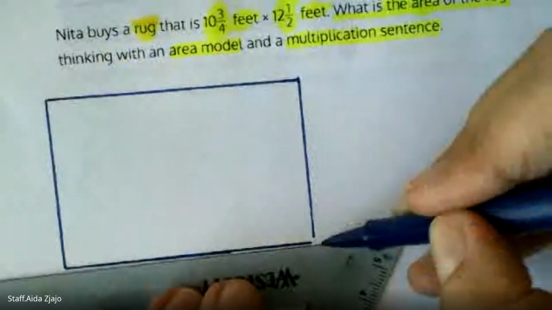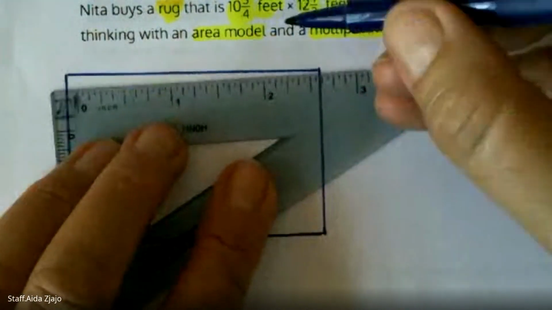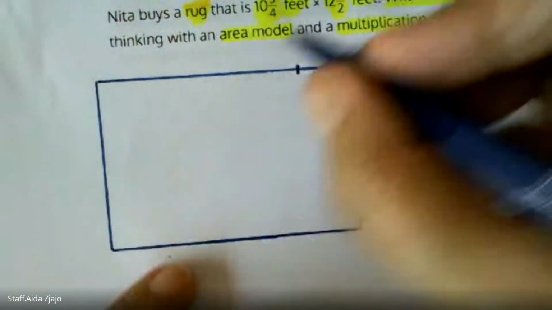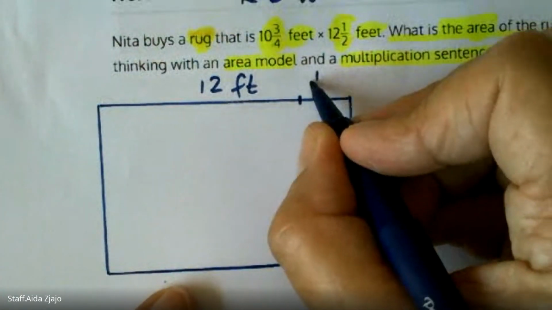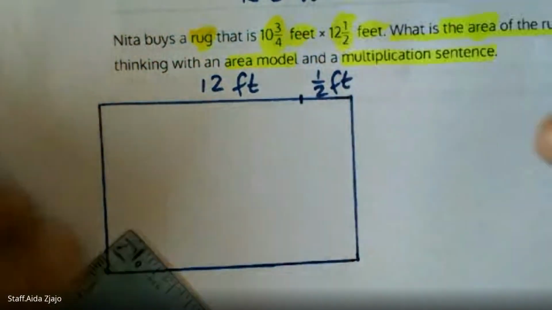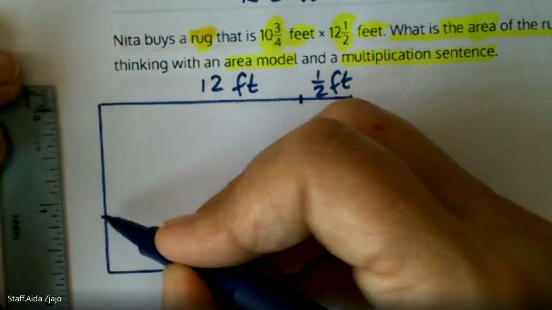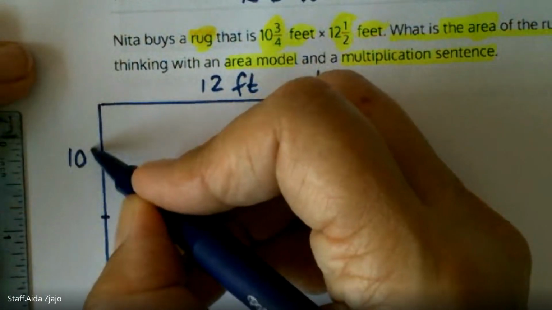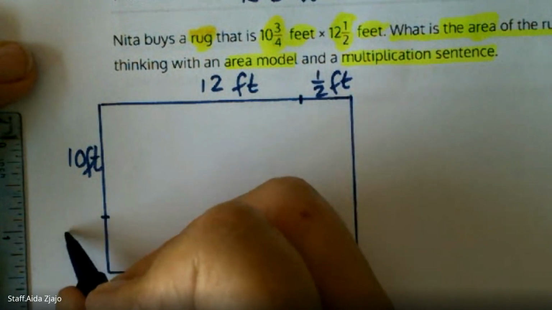Okay. So this is a rug. I'm going to label this one to be 12 feet, and this is a half a foot. And then I'm going to label this one to be 10 feet, and this part here will be 3/4 feet.